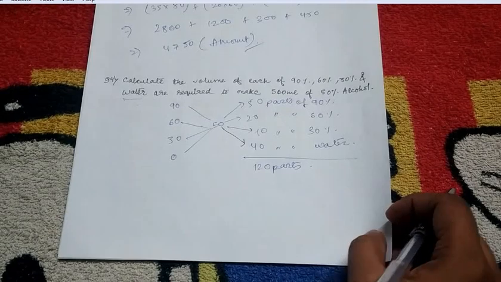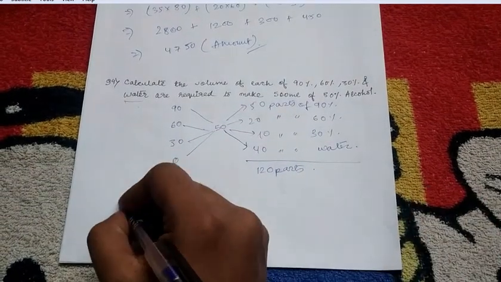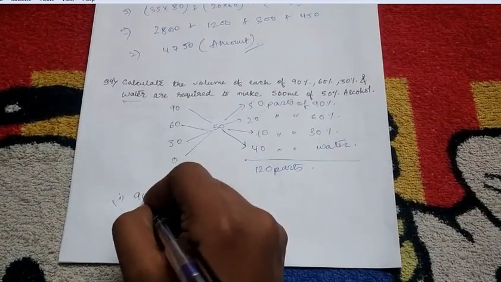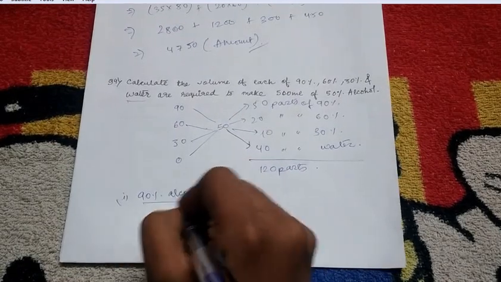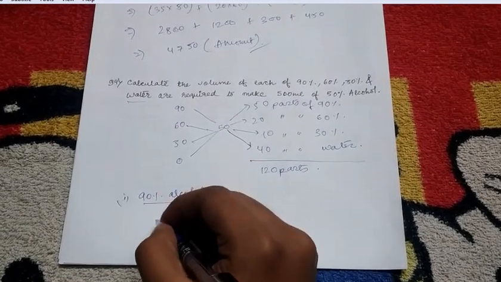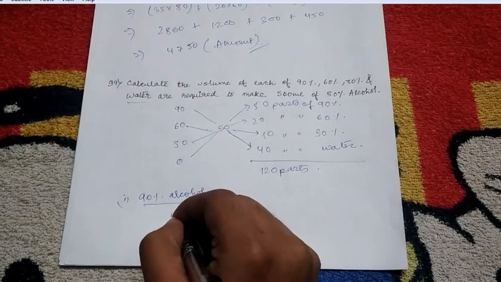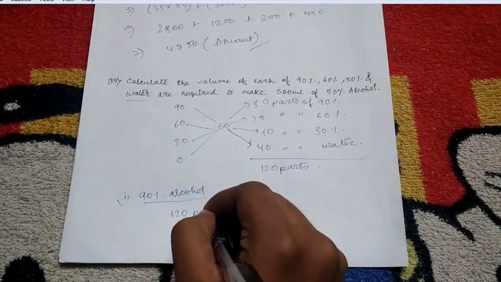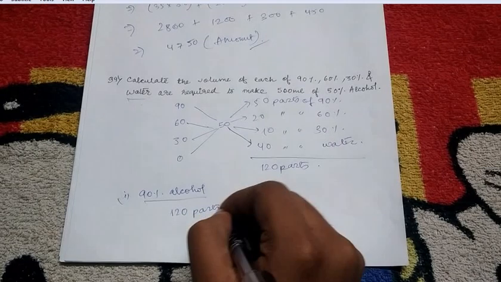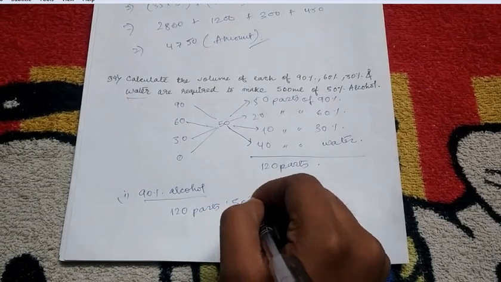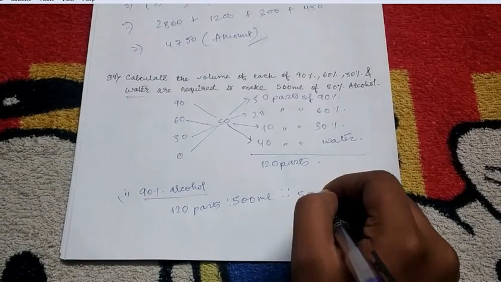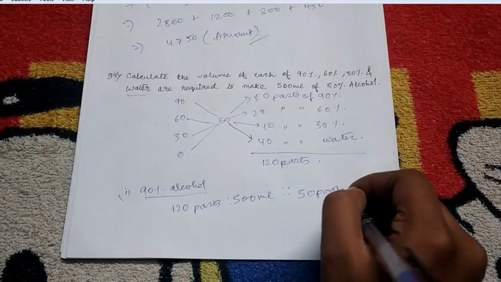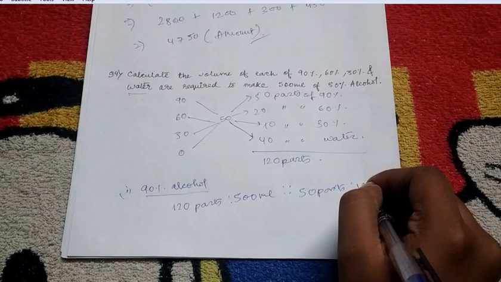Now for 90% alcohol, we have 120 parts for 500 ml. So 50 parts, let's consider V ml.